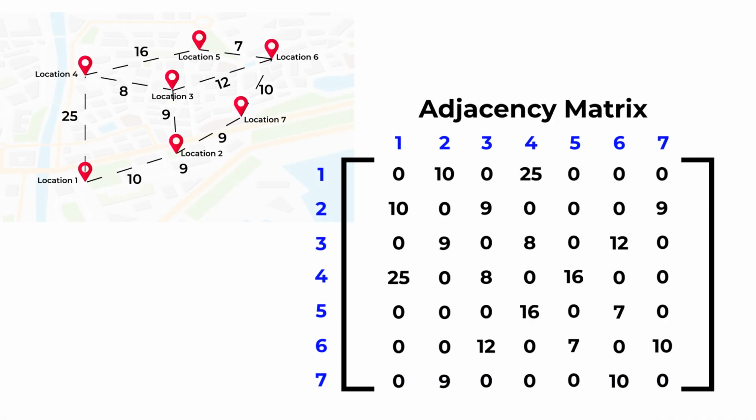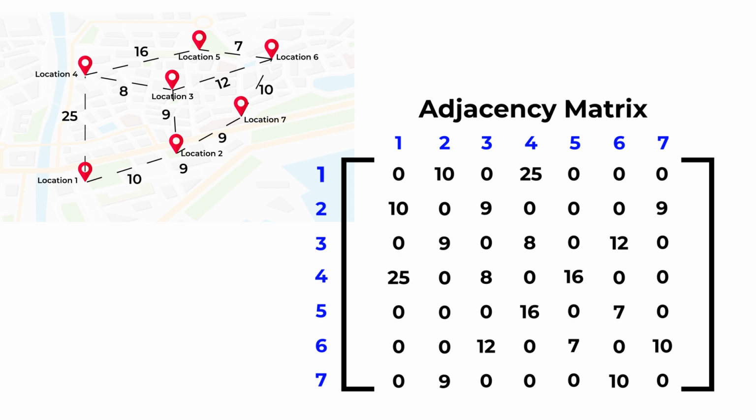As an example, row 1 and column 2 has value 10 because the road distance between location 1 and 2 is indeed 10. Also check that row 1 and column 4 of the matrix has value 25. Similarly, row 2 and column 7 has value 9.